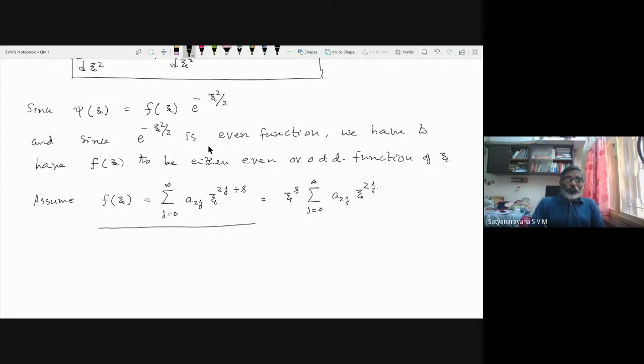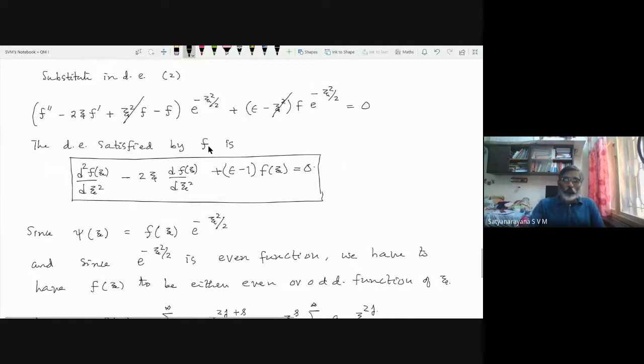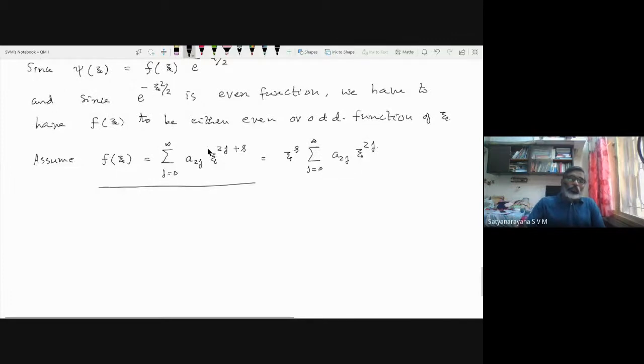Now let's try to substitute this in the differential equation. Let's call this differential equation 4. For that, let's write down what is f prime of psi. F prime of psi is equal to the sum over j equal to 0 to infinity of a_2j into 2j plus s into psi to the power 2j plus s minus 1.